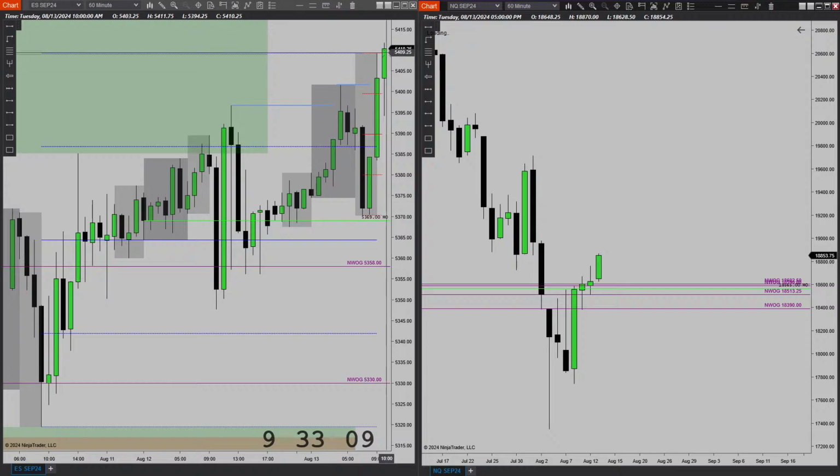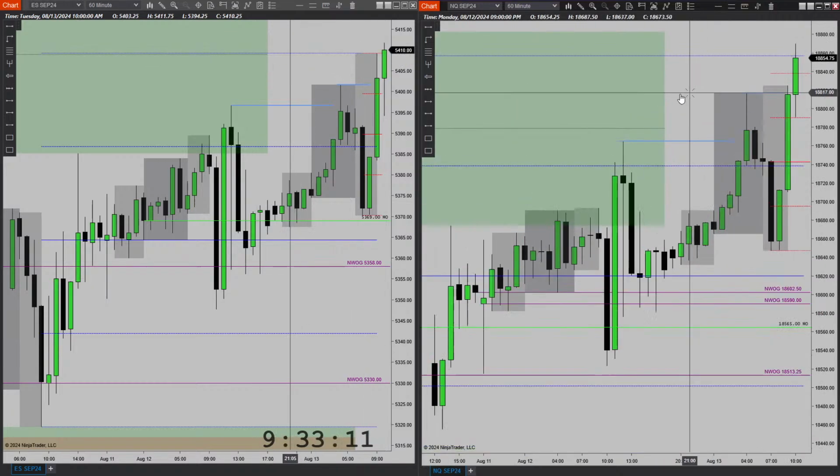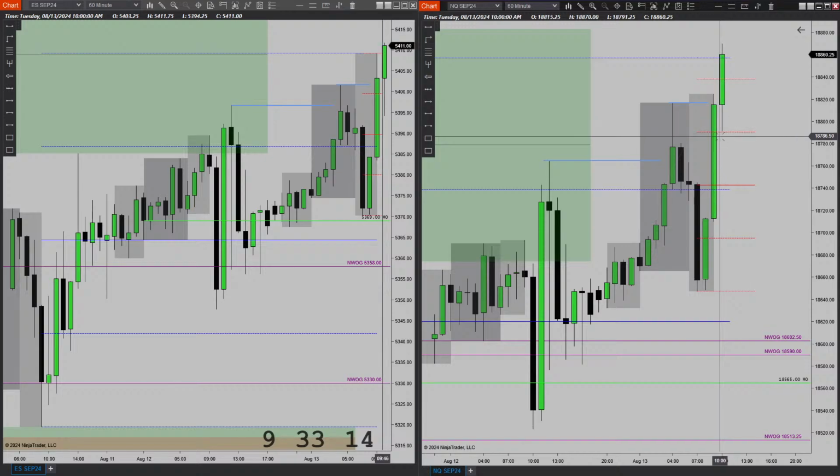So we did rebalance this whole imbalance. We're still above consequent encroachment here. Same thing here. We did displace higher here.